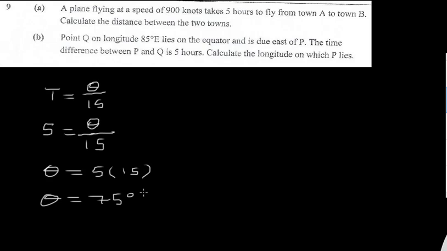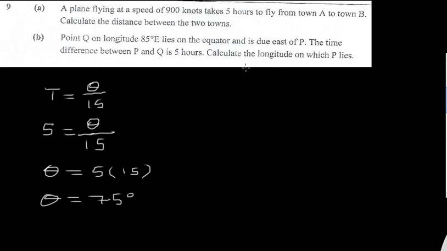So 75 degrees is the difference in longitudes between point Q and point P. And you know that as we go to the east, time is added. As we go to the west, we are subtracting.